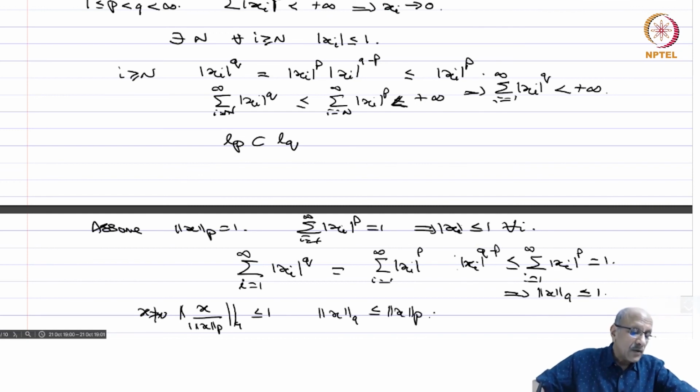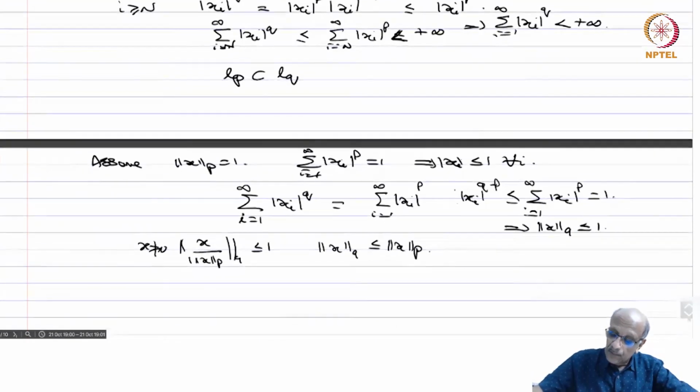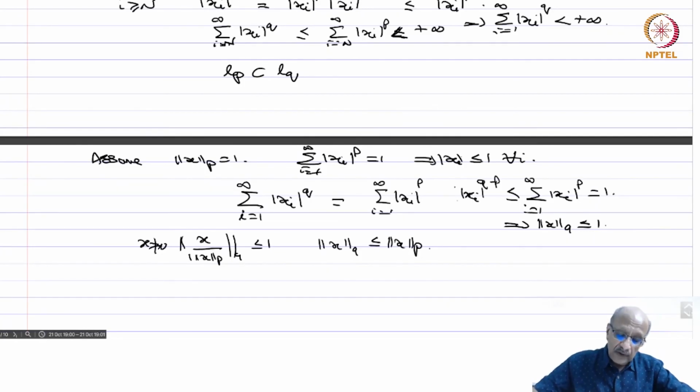Okay, so this proves it. These are some examples which we have. So now we will look at some further important properties about LP spaces.